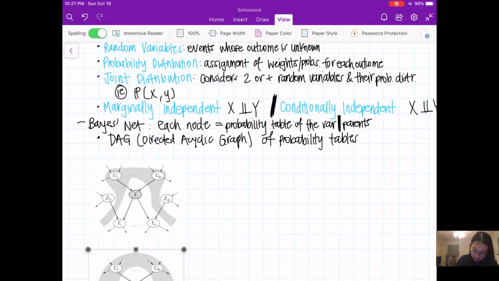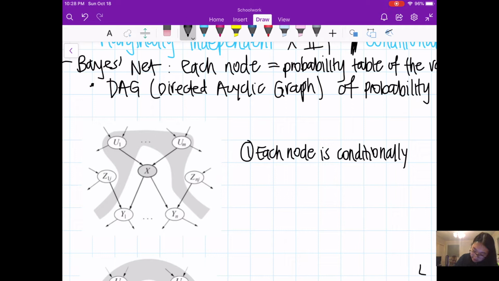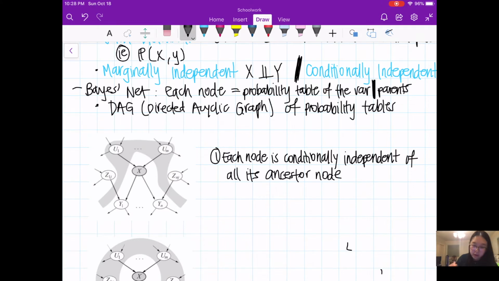The first thing that we want to remember is that for a Bayes net, each node is conditionally independent of all its ancestor nodes, which essentially means not their descendants, but anyone above them, given all its parents.